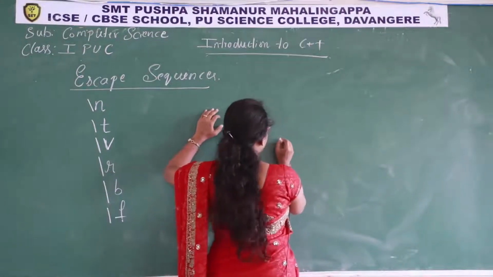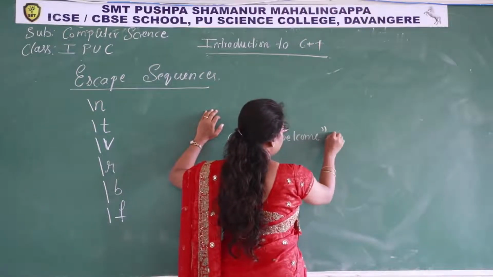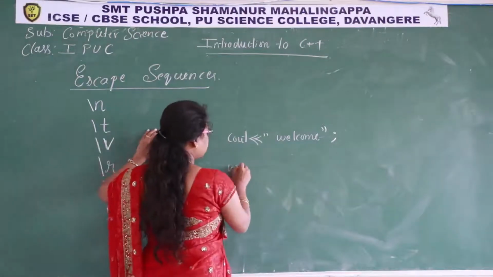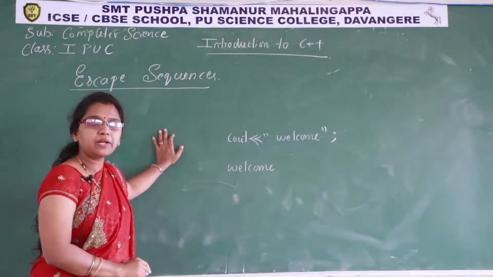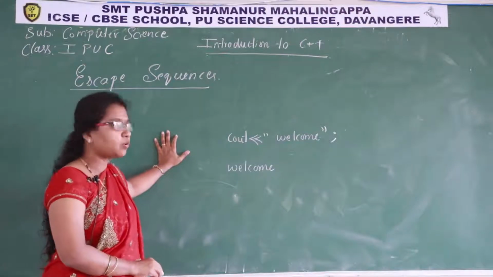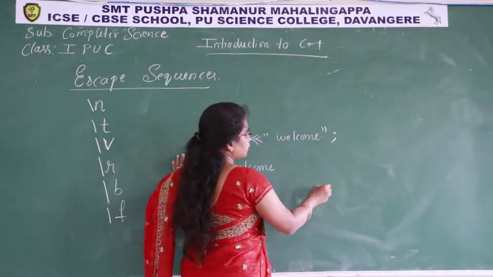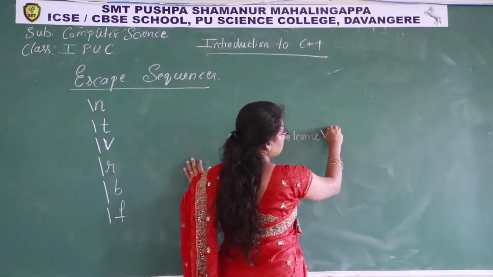See here, if I write welcome like this within double quotes, on the output screen you will get only welcome, not the double quotes. I want to display welcome within double quotes. Then how to write it? You have to write backslash double quotes.